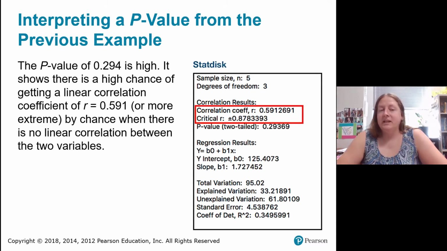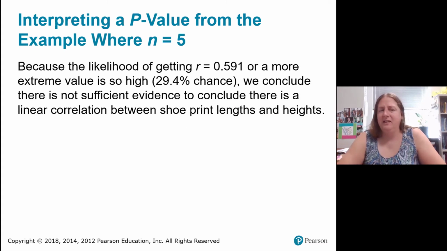What this is telling us is that there's a 29.4% chance of getting a linear correlation coefficient of 0.591 or more extreme by chance, even if there's no linear correlation between our two variables. Well, that's a pretty high likelihood.